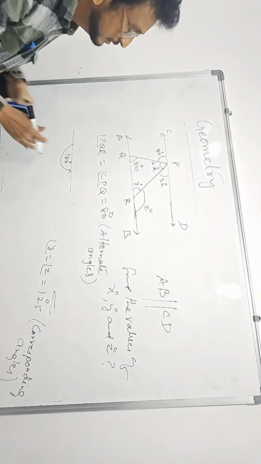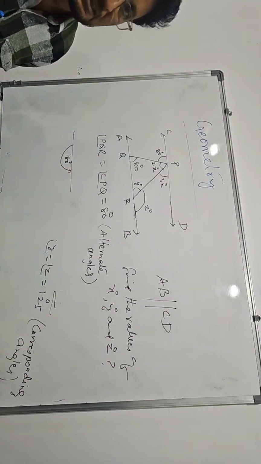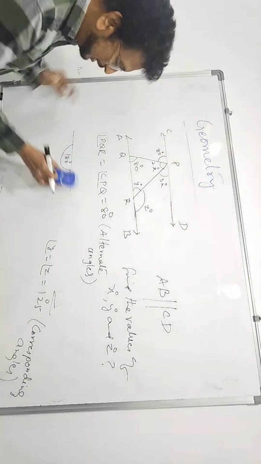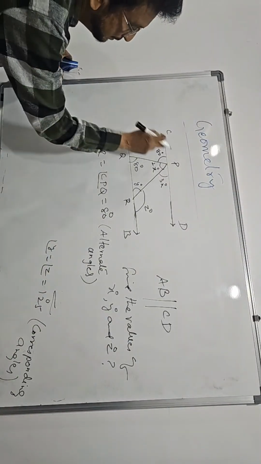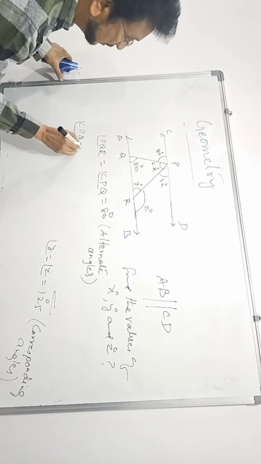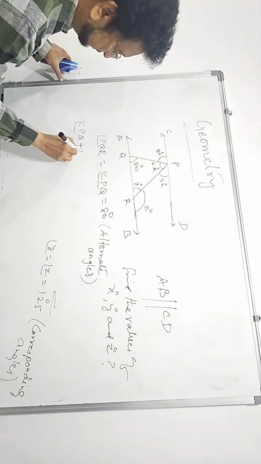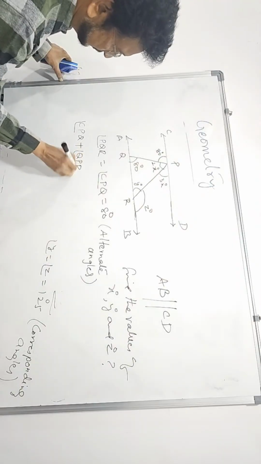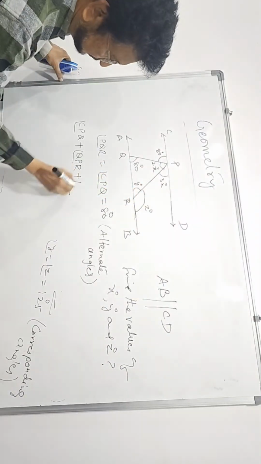All these angles. 80 plus 2x plus 3x must be equal to how much? 180 degree. That only I show right now. Angle CPQ plus this angle 2x QPR plus angle DPR.